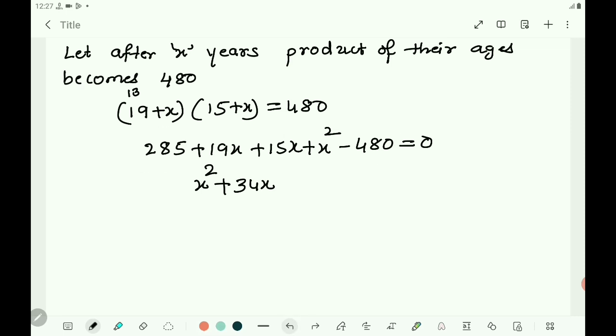We have to subtract and we have to put a negative sign. 480 minus 285, 10 minus 5, 5. Here 7 is remaining. 17 minus 8, 9. 3 is remaining. 3 minus 2, 1. Right? Minus 195 is equal to 0.